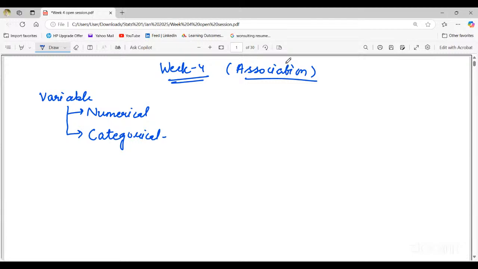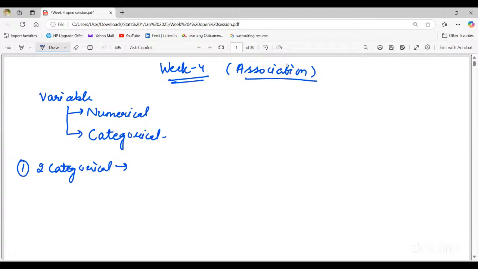Our first case is, if we have two categorical variables, how will we associate them? Let's take an example.